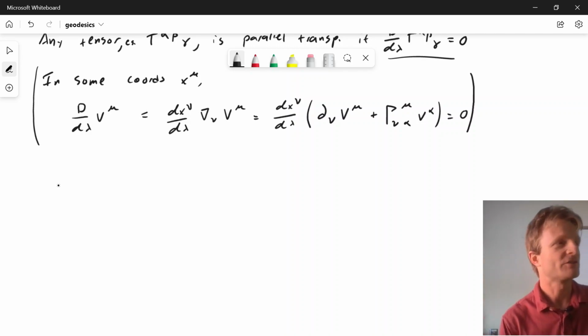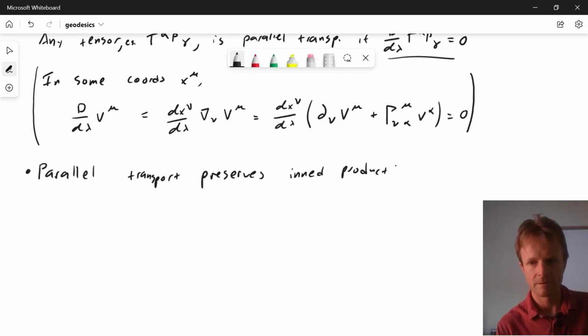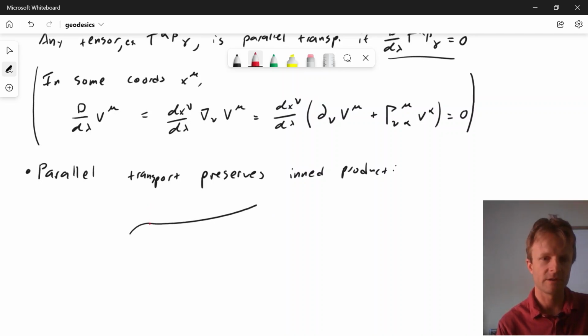One nice observation about parallel transport is it preserves inner products. Okay, so the idea is we have a curve here, and now we have two vectors on it. Say the red one is that way, and the green one is that way, locally on some curved space.